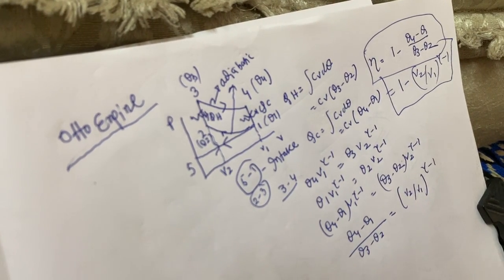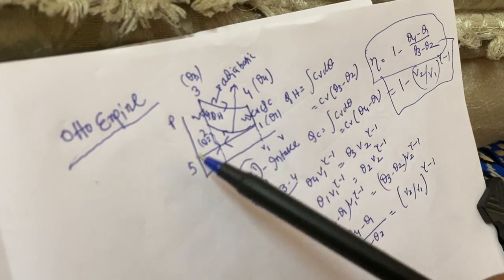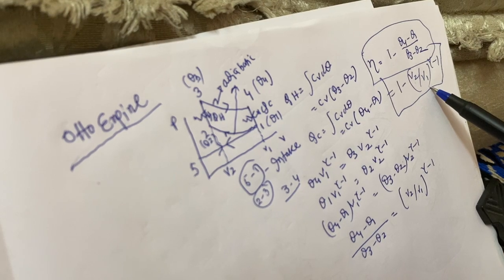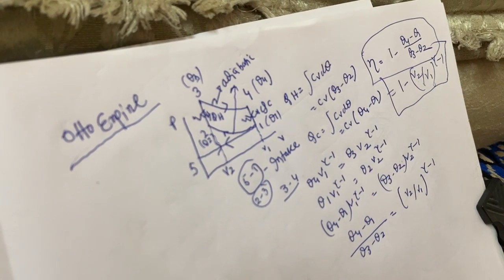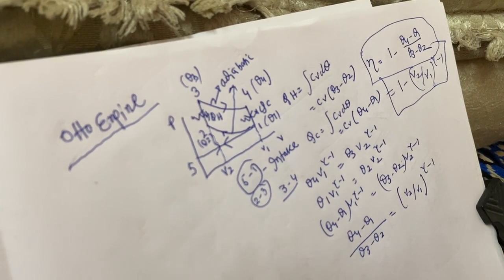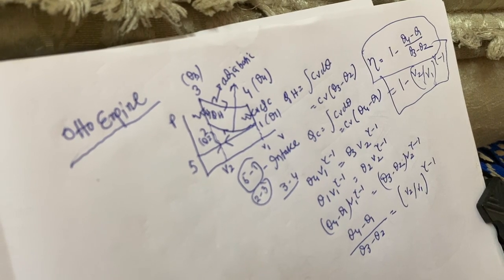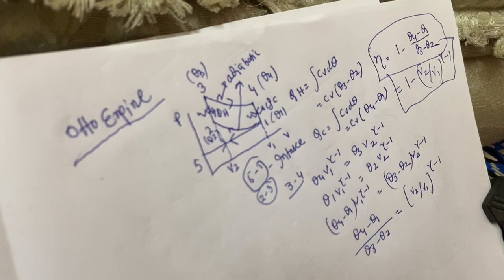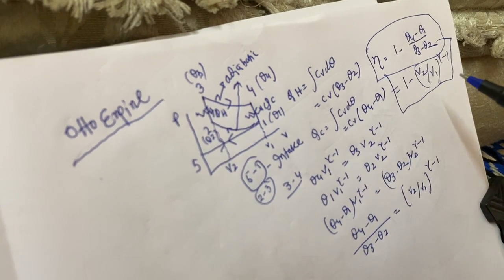Next, the efficiency of the Otto engine depends on the ratio V2 by V1. But we cannot increase this ratio. Why?